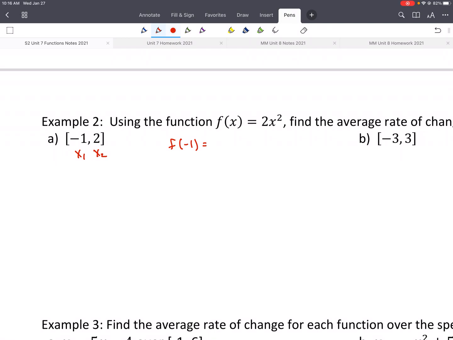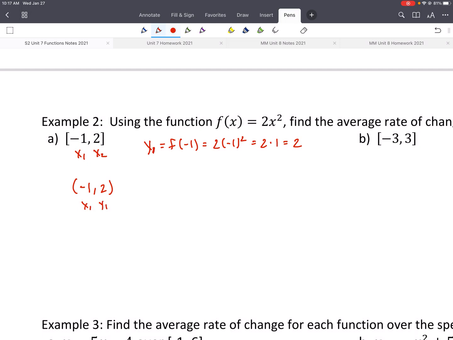That gives you 2 times -1 squared, or 2 times 1, which is 2. Another way with this function notation, you can also just say this is your y1. So that would be -1, 2 would be our first point.